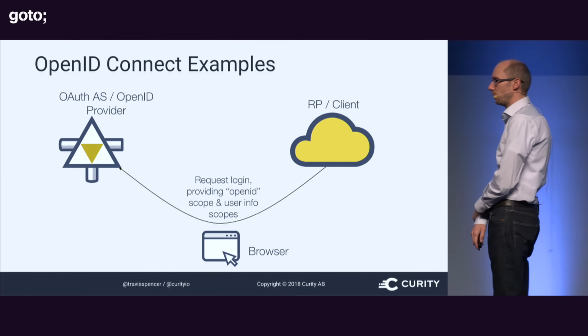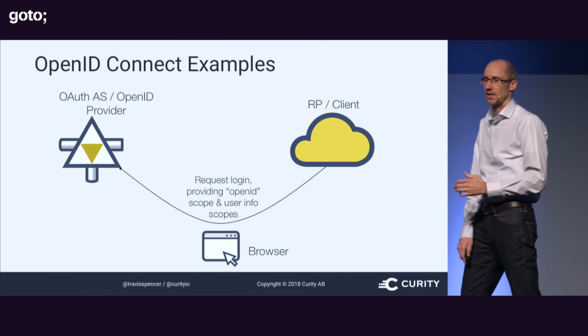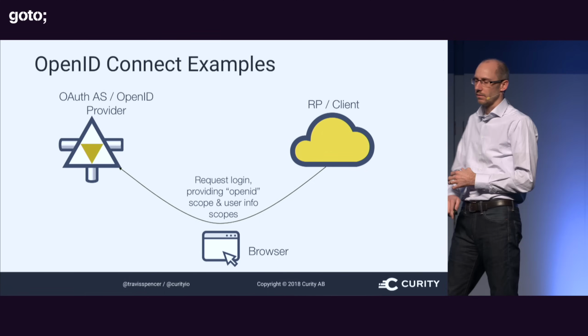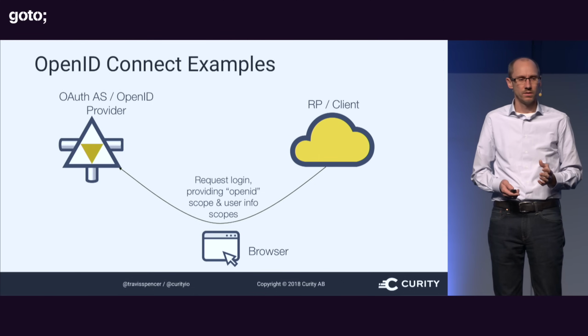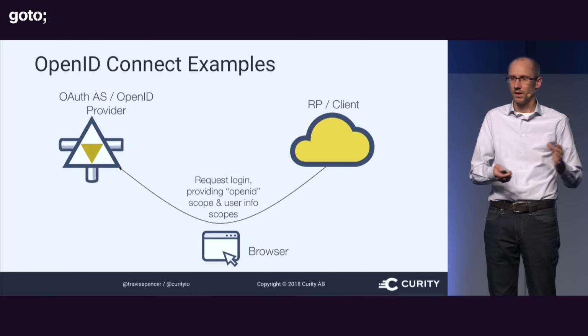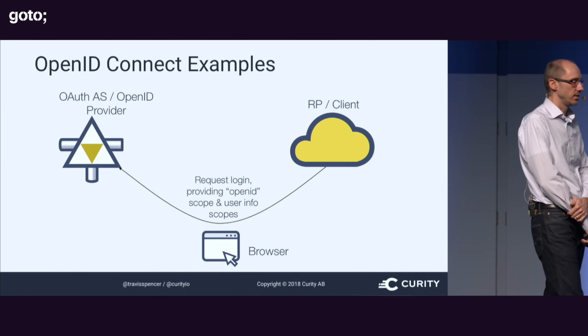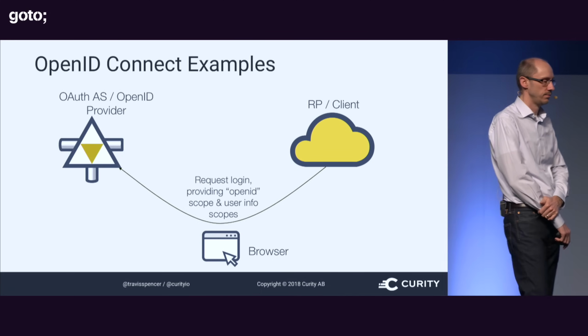And when the OAuth server sees that scope of openid, it clicks itself into OpenID mode. So it's very, very often that an OpenID Connect provider is an OAuth server as well, and it can do both of those. And this is the way you tell it which of those protocols to follow.